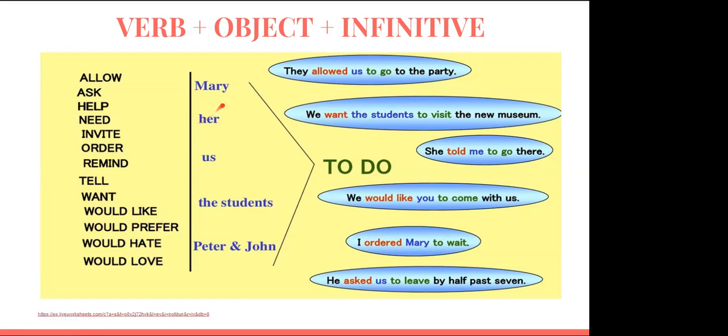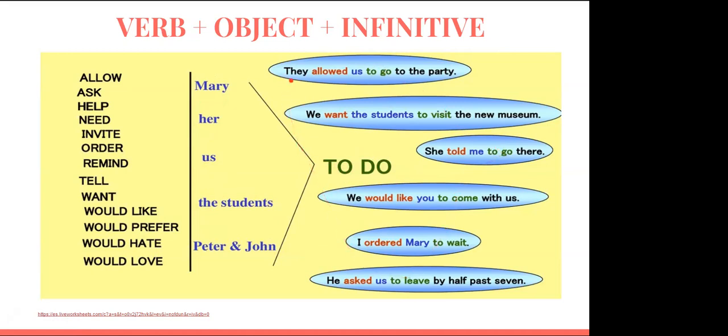And here we have some objects: Mary, her, us, the students, Peter and John. And in this case, we're going to be using the infinitive to do. Actually, in the first one, we have to go, to visit, to come, to wait, and to leave.